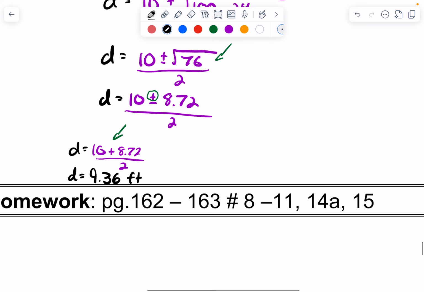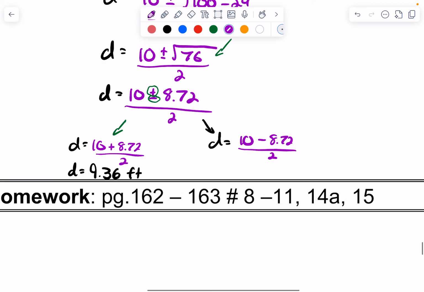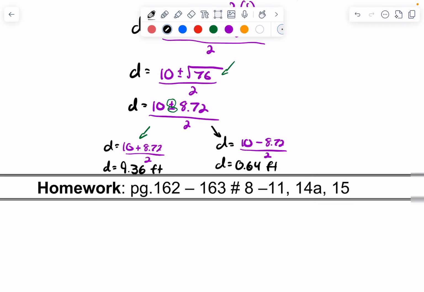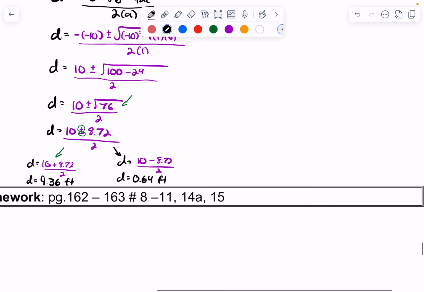And then you'll have to do the other one where it is in the negative. So you do that math, and you'll get d equals 10 minus 8.72 over 2. So you do that math, 10 minus 8.72, divide that by 2. You'll get a distance of 0.64 feet. So there's two valid solutions.